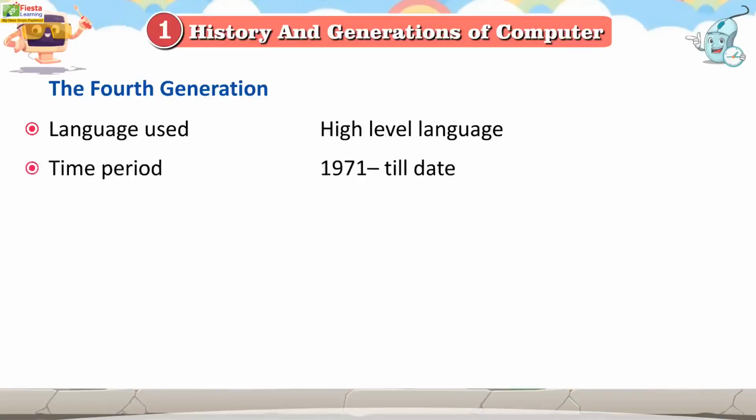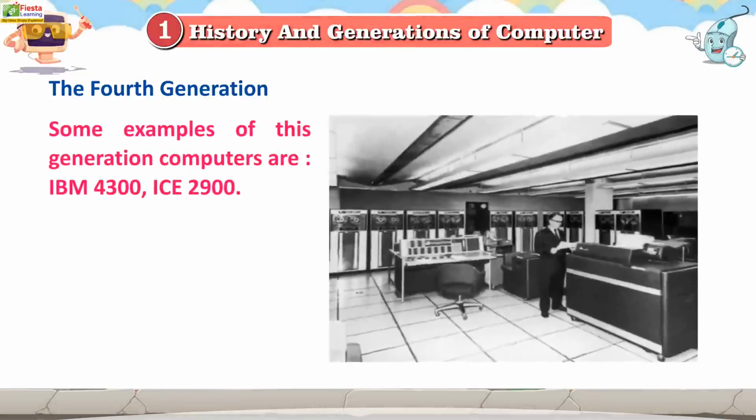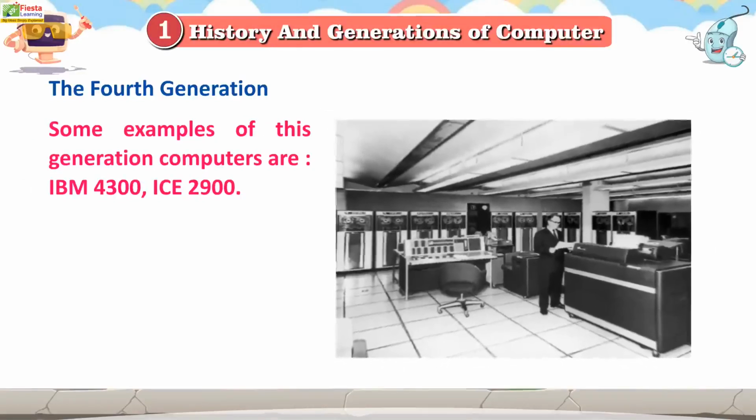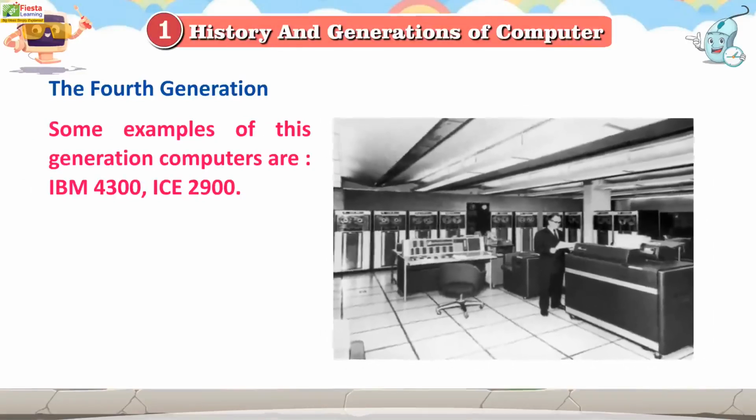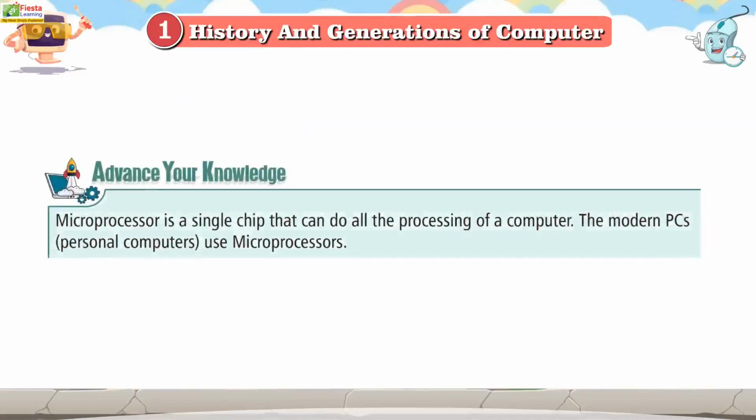Time period: 1971 to till date. Some examples of this generation computers are IBM 4300, ICL 2900. Advance your knowledge. Microprocessor is a single chip that can do all the processing of a computer. The modern PCs, personal computers, use microprocessors.